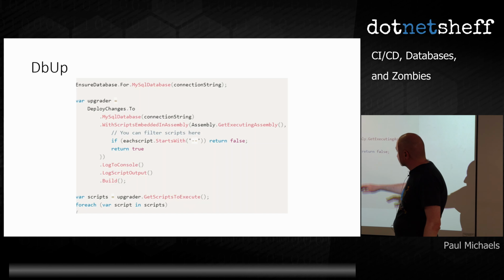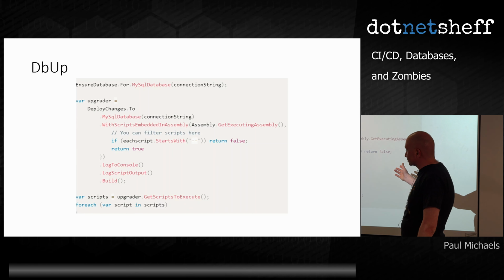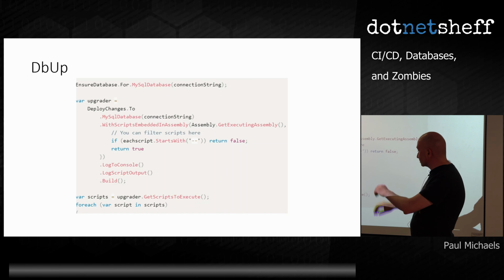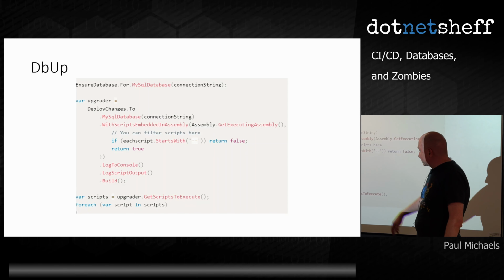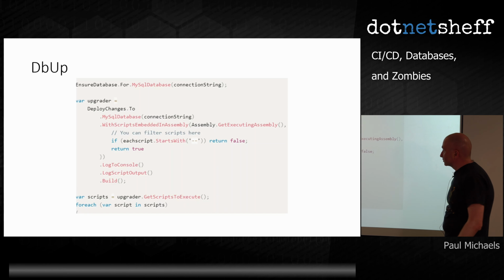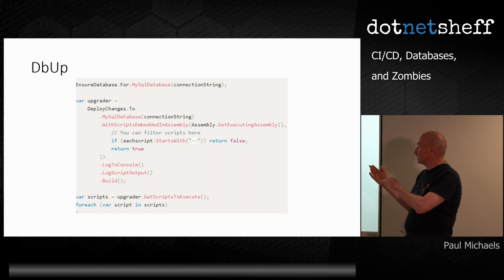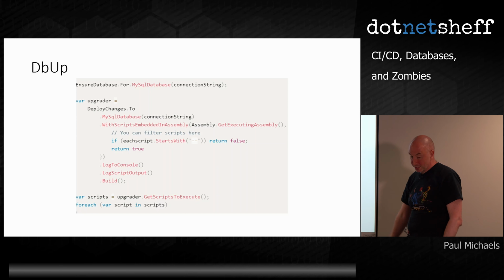It basically gets a list of scripts in a folder you give it, saying all my scripts are here. It'll get the scripts and then just run them one after the other, and you can create that as a little console app, put it in a pipeline, and just run it in the pipeline.